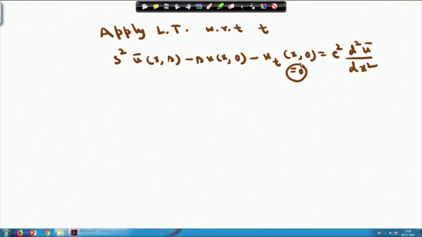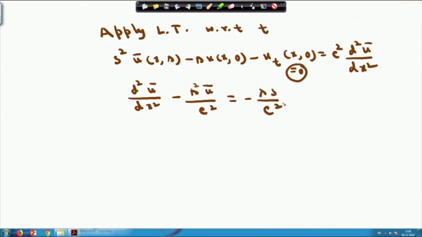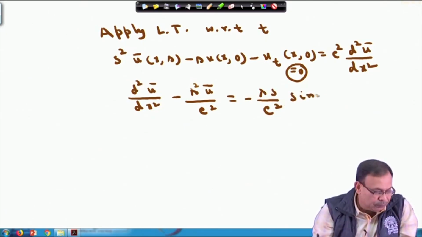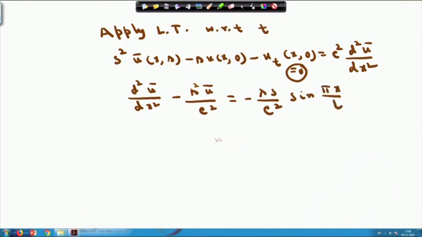So, if you substitute these values, then you will obtain d²ū/dx² − (s²/c²) ū = −(λ s/c²) sin(πx/L).